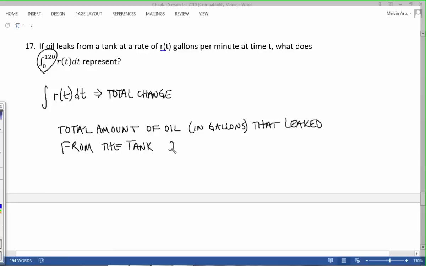So if that's minutes, it looks like it'd be the total amount leaked in 2 hours, on the interval 0 to 120 minutes.